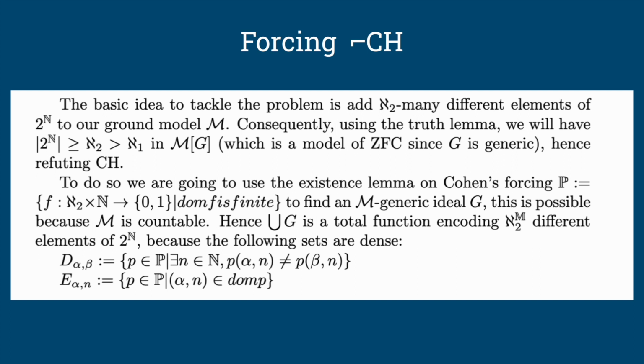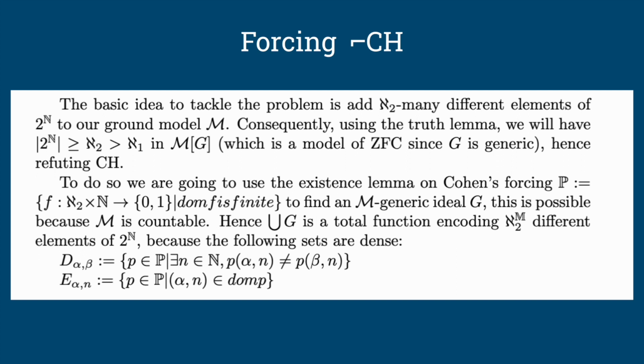Okay, so moving on to the main proof, in which the aim is to force not CH in the extension of our ground model of ZFC, which is evaluated using the G, or generic. So the basic idea to tackle the problem is to add Aleph sub 2 many different elements of 2^n to our ground model M, which is ZFC.